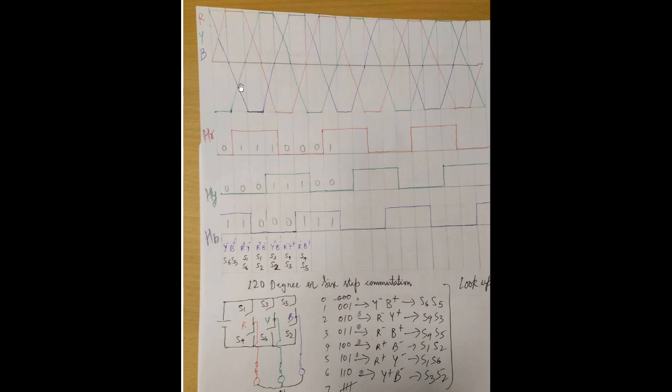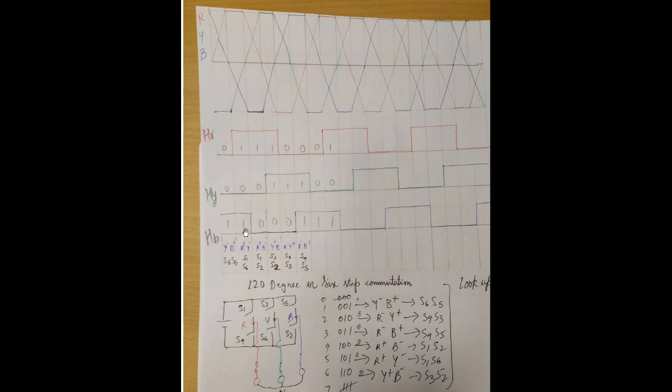If we go to the next 60 degree, where we are receiving logic of 101, here we can see that phase R is positive. So we will turn on the S1 switch to connect our phase R with the positive DC link.